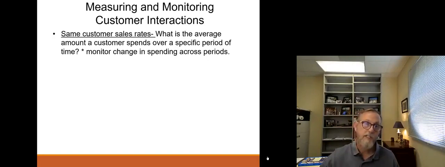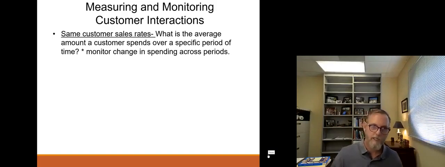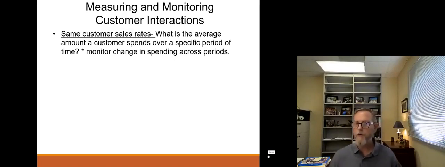Same customer sales rate. So this is very similar to the average customer spend, right? What's the average amount the customer spends over a specific period of time? So in one case, it's a customer who comes into the shop and makes a purchase. What's that purchase amount? This, on the other hand, is the amount of money spent over a period of time, so over a year or over months.